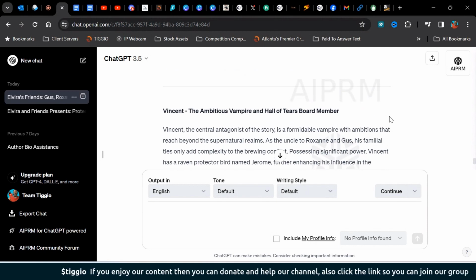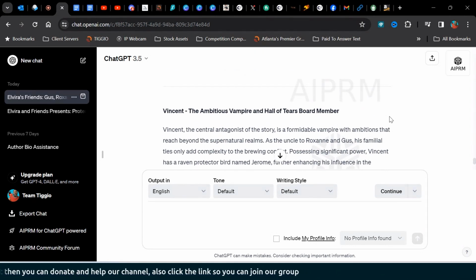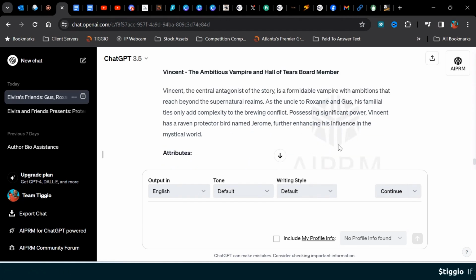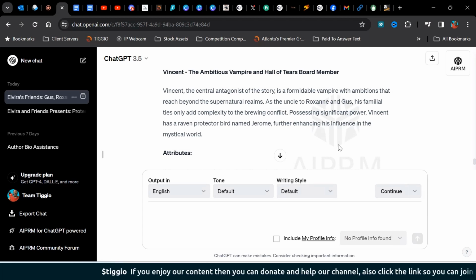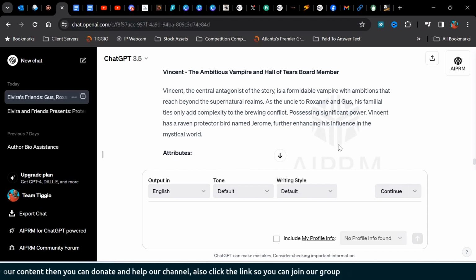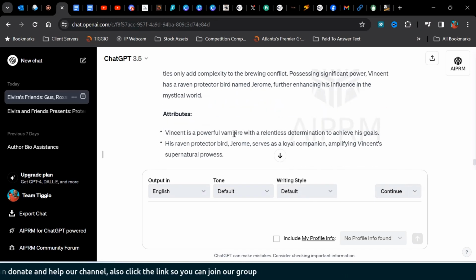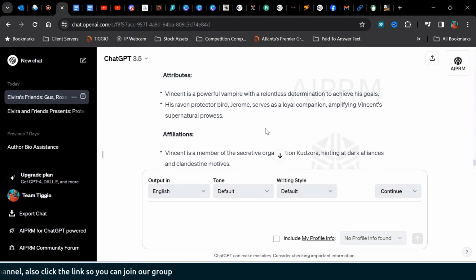All right, so Vincent, the ambitious vampire of Hall of Tears board member. Vincent, the central antagonist of the story, is a formidable vampire with ambitions that reach beyond the supernatural realms. As the uncle to Roxanne and Gus, his formidable ties only add complexity to the brewing conflict. Possessing significant power, Vincent has a raven protector bird named Jerome, further enhancing his influence in the mystical world.